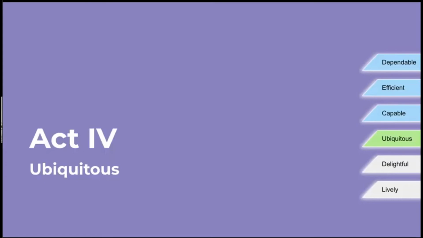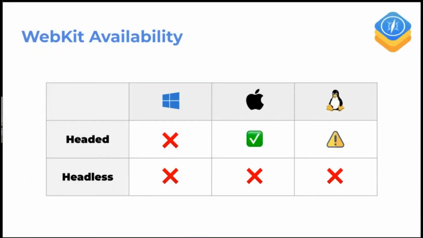Which naturally brings us to Playwright being ubiquitous. So Playwright is very powerful. There are many things in there. We actually think that there is no other browser automation solution that has this level of interoperability between different environments. And let me show you one of the reasons. Here is WebKit browser availability across the different operating systems.